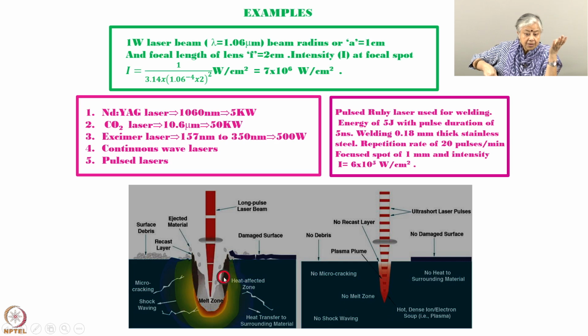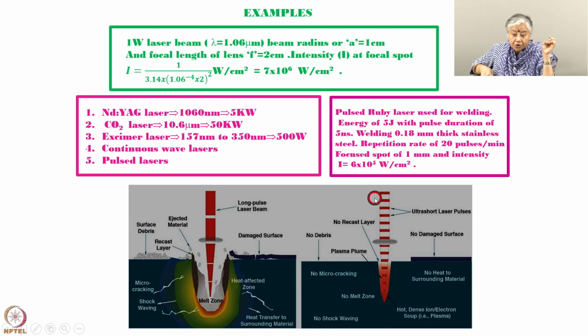There will be burr, B-U-R-R, burr. So you'll have edges and all. Once the cutting is done, you have to repolish these edges, and it's not a perfectly cut thing, and there will be shock waves which are going here and there and everywhere. And that will cause certain disturbances in your material. So this is what a long pulse does.